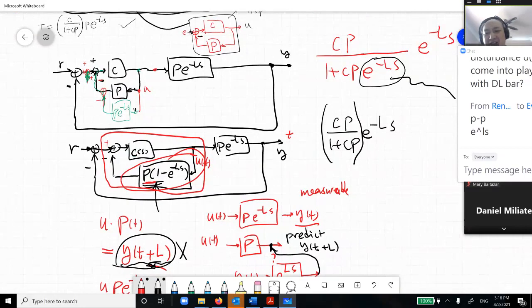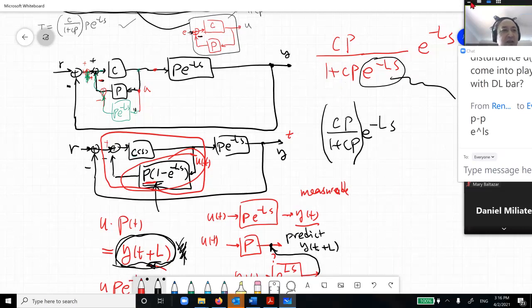The essence of that is to introduce some prediction here. Of course, this is not physical, but in reality, you can implement this.